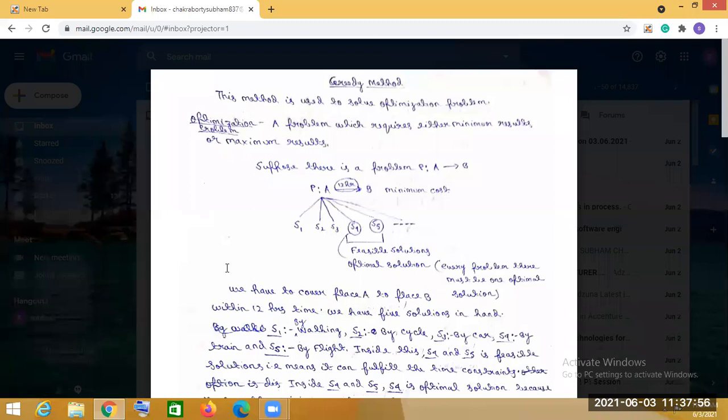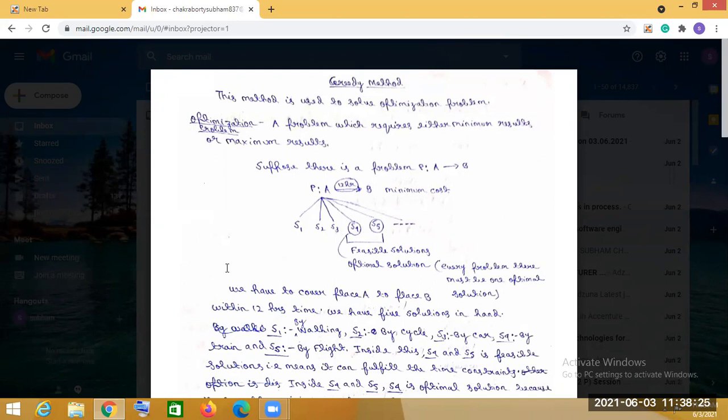Now, there is a constraint given: we have to travel from location A to location B within 12 hours. If we see this constraint, the distance between location A and location B is such that we cannot go by walking because it will take more than 12 hours.